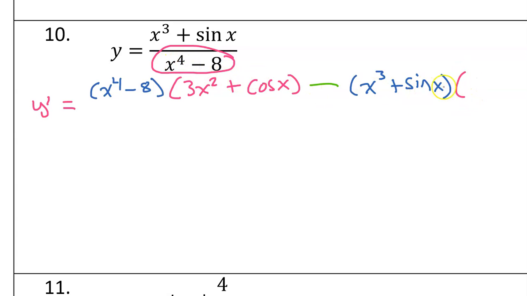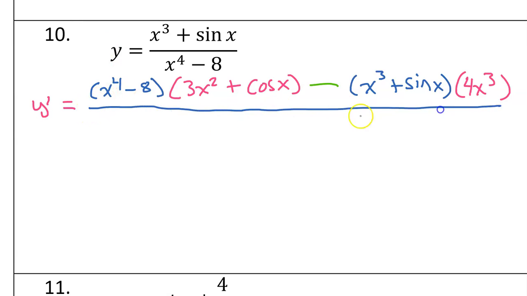So power rule, this will be 4x cubed, and that's it, since the derivative of a constant is 0. So right now we have low d high less high d low. Draw the line, and down below, the bottom squared will go.